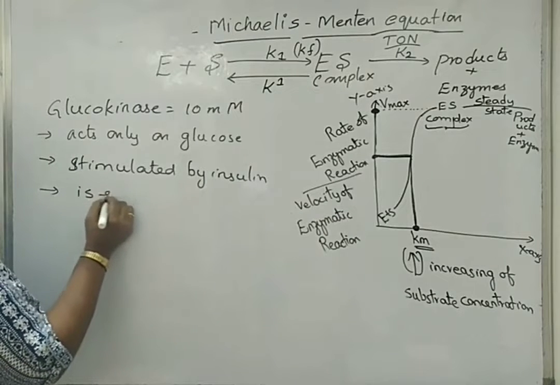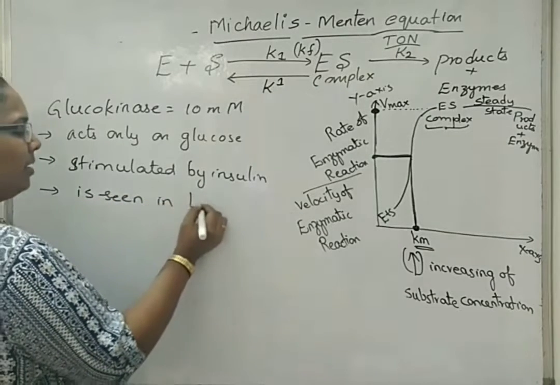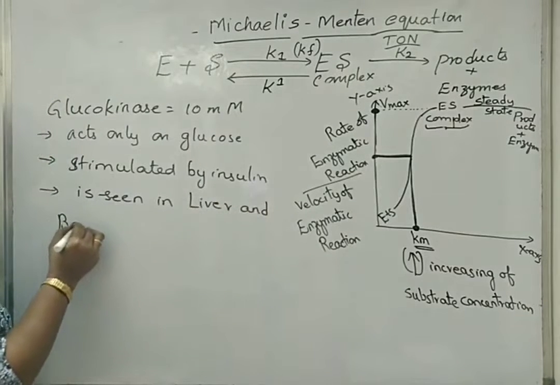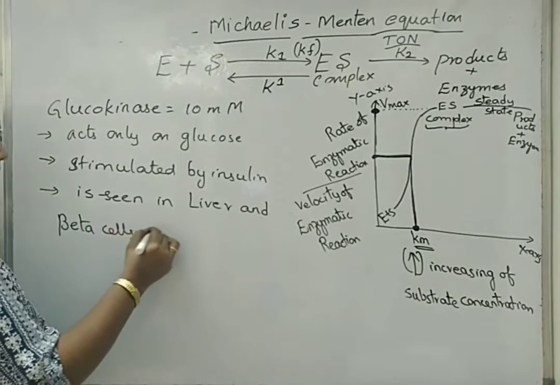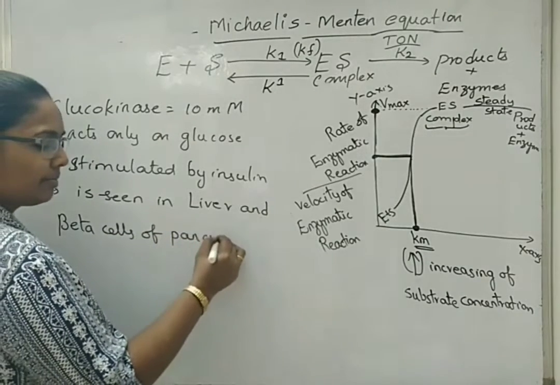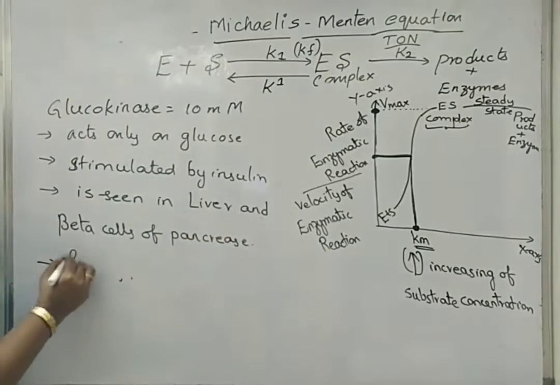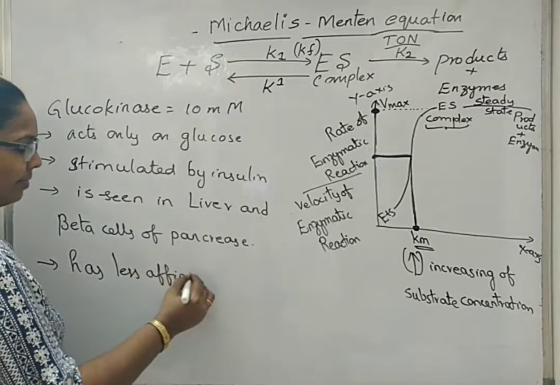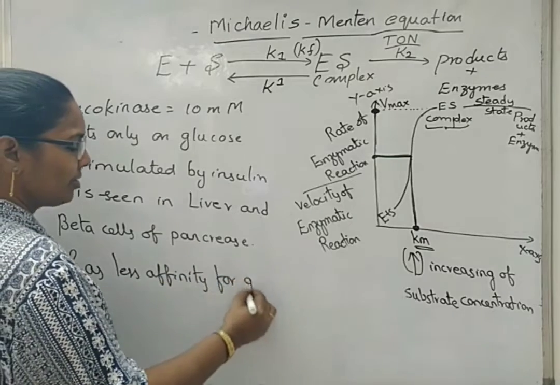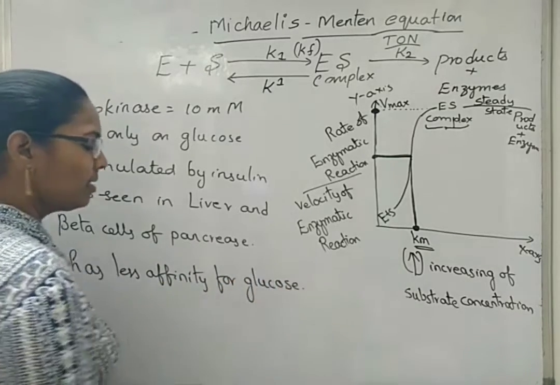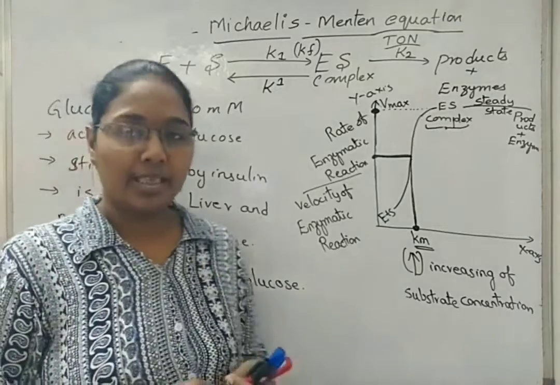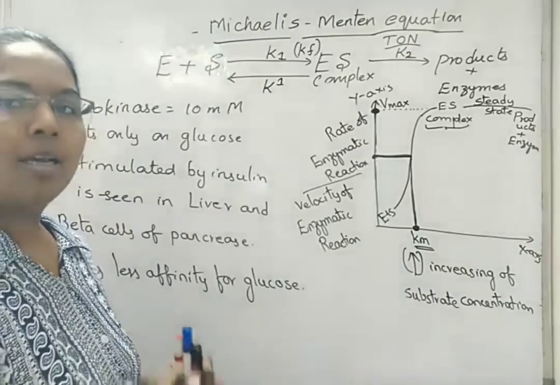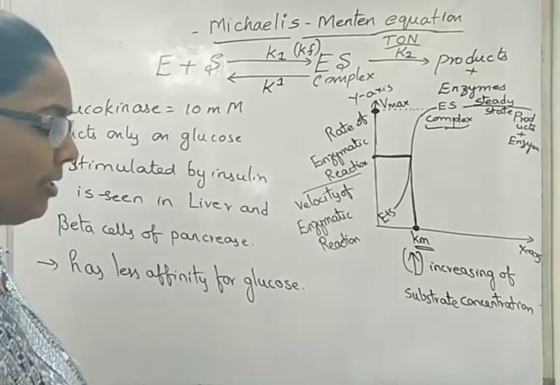Glucokinase is located in the liver and beta cells of the pancreas. It has less affinity for glucose. Means if glucokinase has to reach the Km value or half of the maximum velocity, more glucose molecules have to get involved in the reaction.